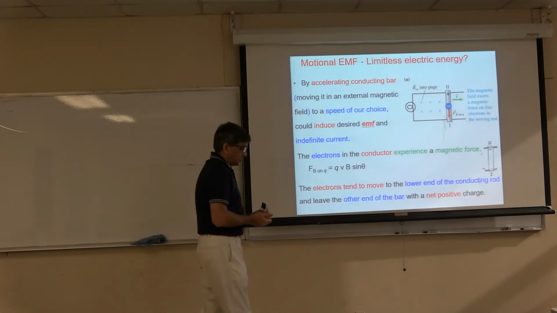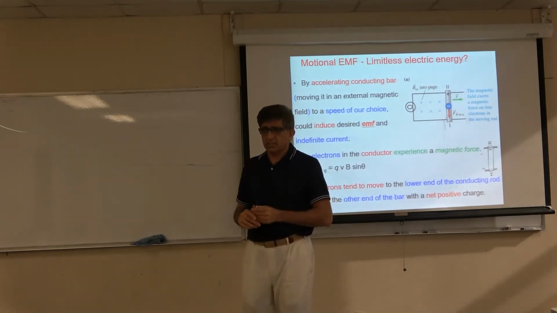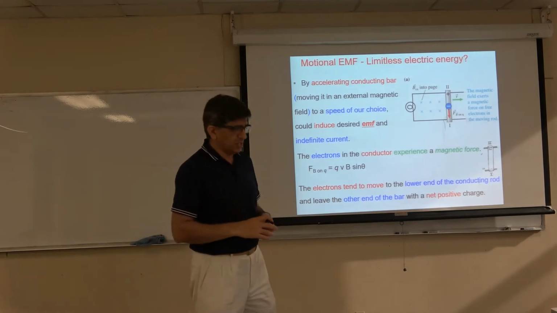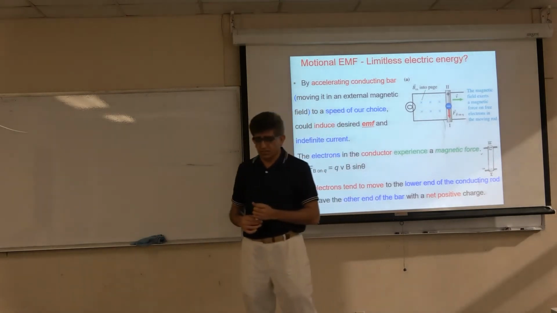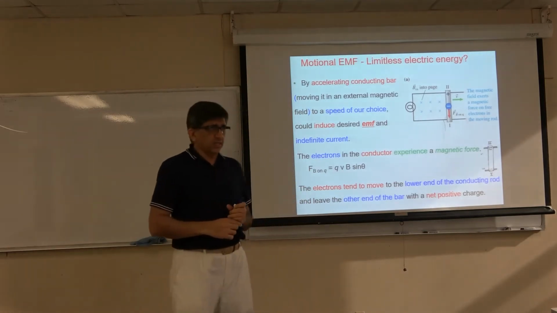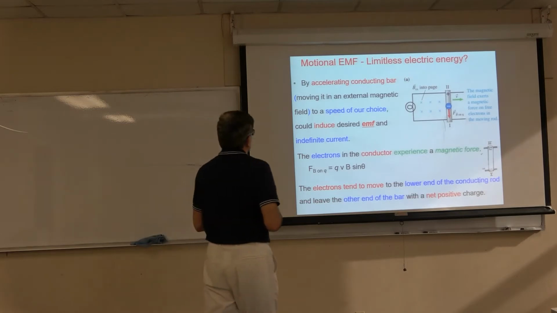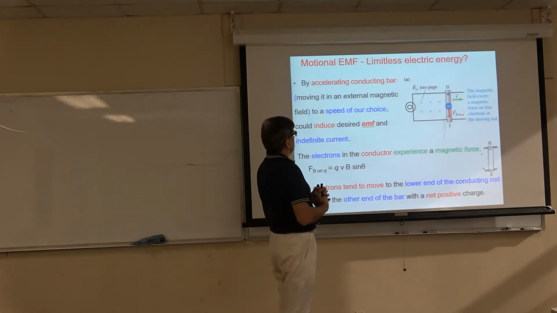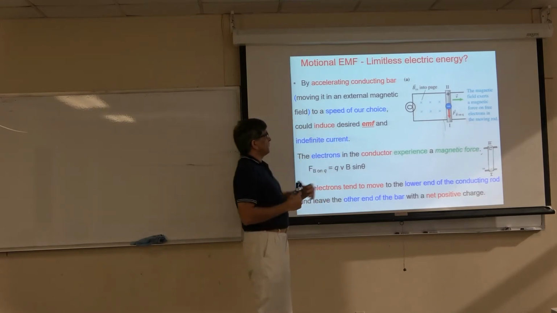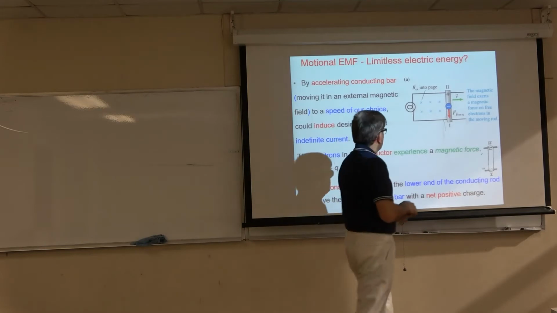Now, once we understood that induced current can be induced by changing the magnetic field, it is time to understand how we can have motional EMF, electromotive force, induced current, as a source of limitless, continuous electrical energy.